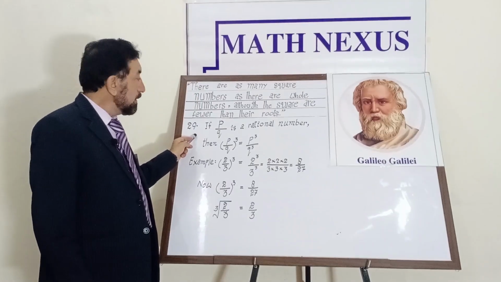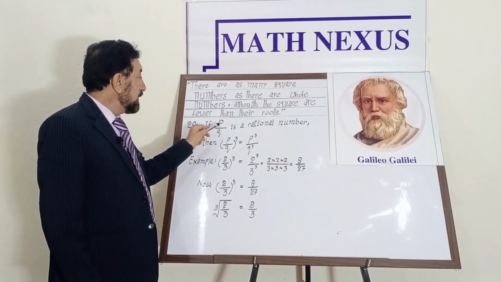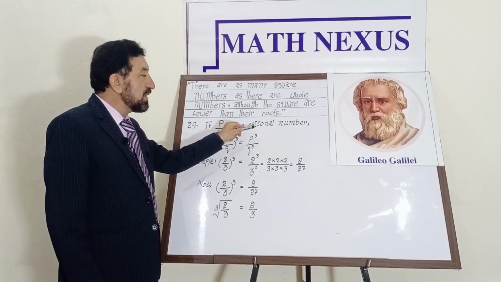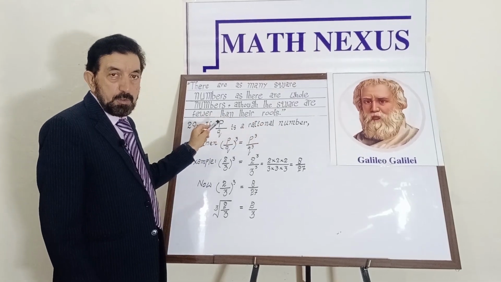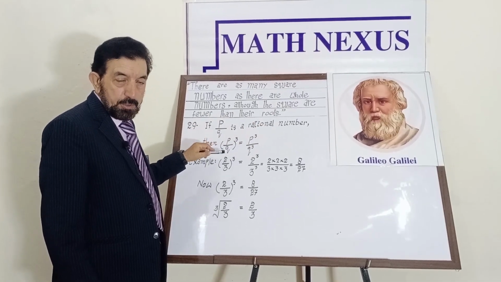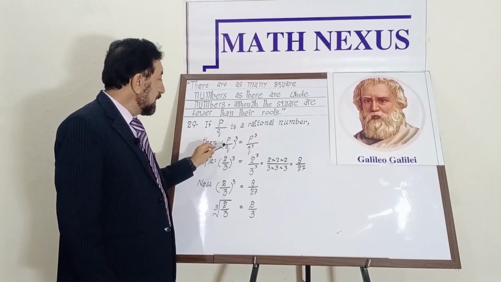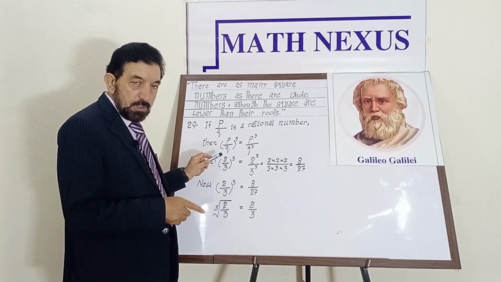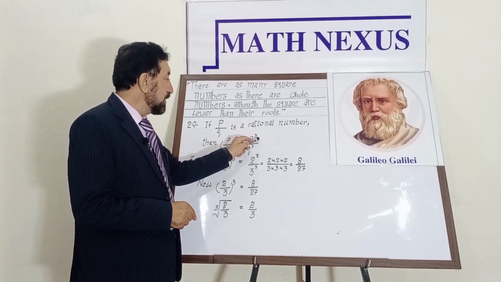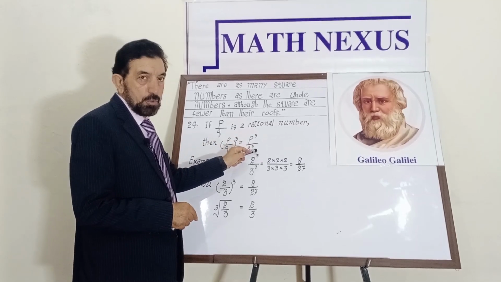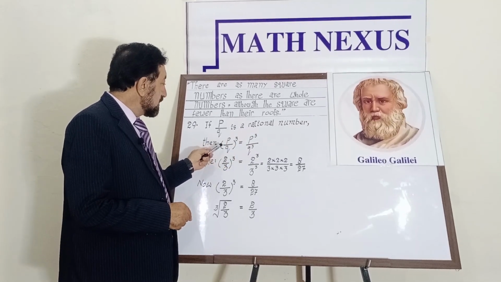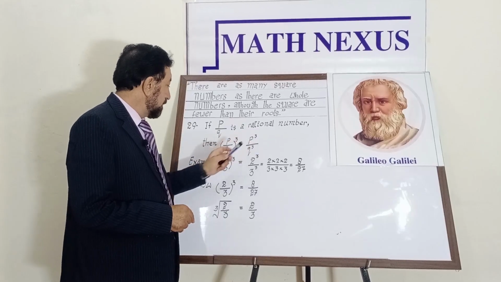Rule number 29. If P upon Q is a rational number, then P upon Q whole cube equals P cube upon Q cube. We can write this in this form.